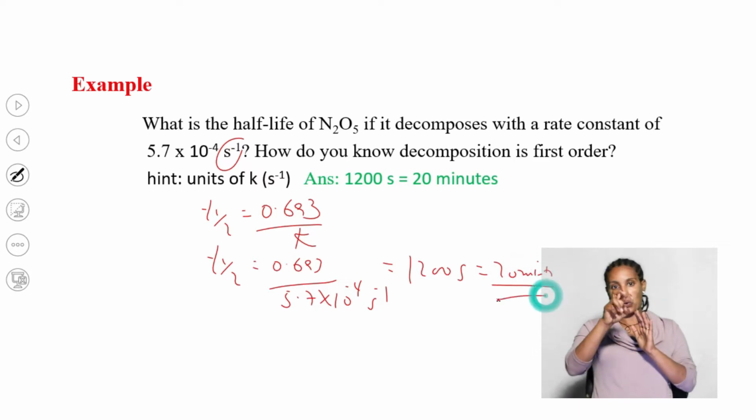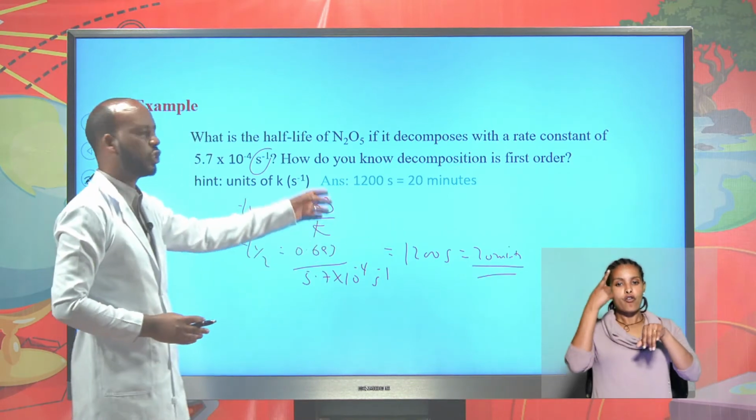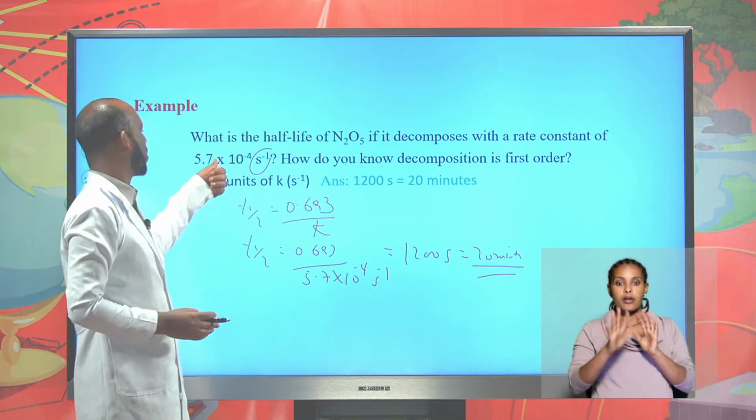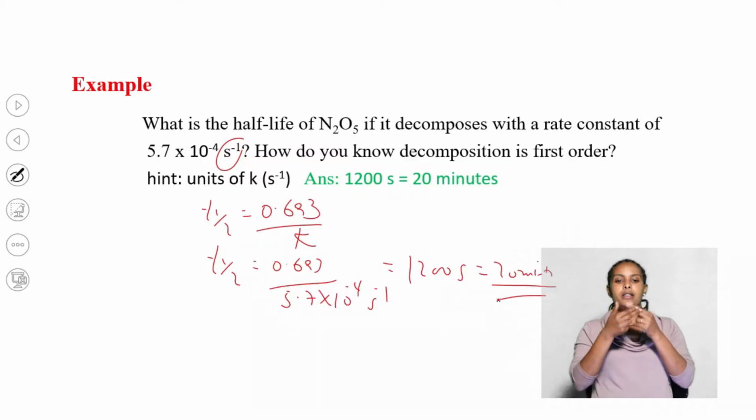This is the half-life for the decomposition of dinitrogen pentoxide with rate constant 5.7 times 10 to the power of minus 4 per second.